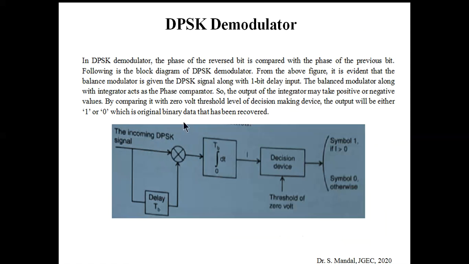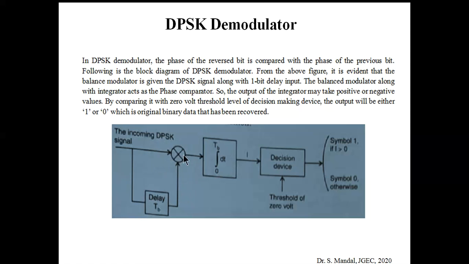You can see that this one is the basic block diagram of the demodulator section. Here there is a product modulator and integrator part, and next one is the decision device. This one is the incoming DPSK signal, which is nothing but dk, and it is going through a delay section. So ultimately, this one will be dk minus 1.